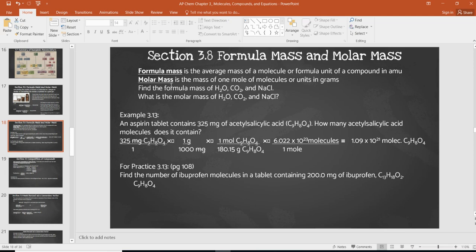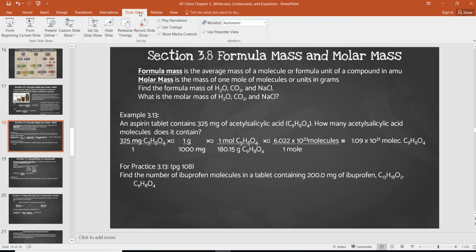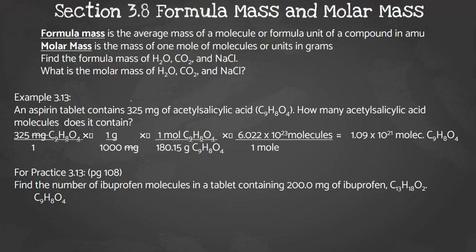Let's do some examples. Find the molar mass of H2O. Let me present the slide so I can write on it. So H2O is going to have 2 hydrogens. So we have 2 times 1.01 grams.